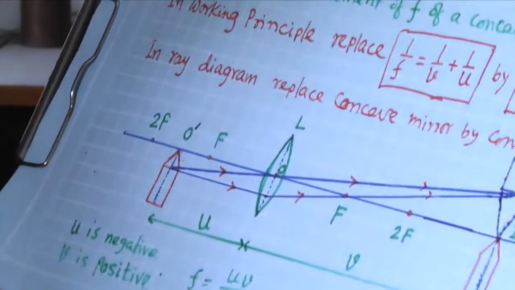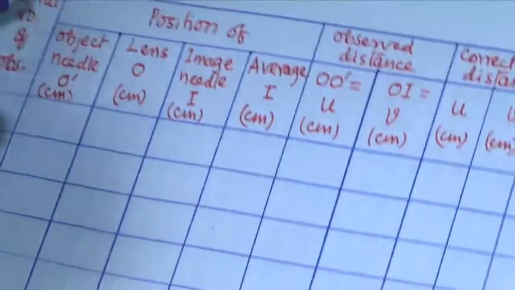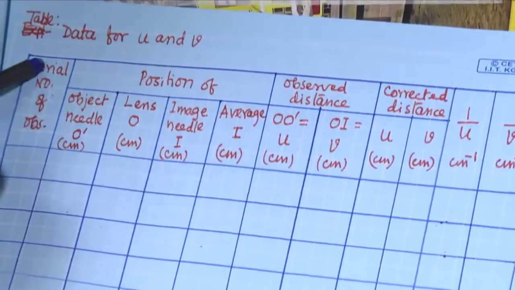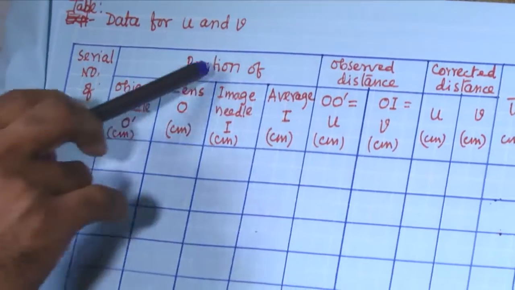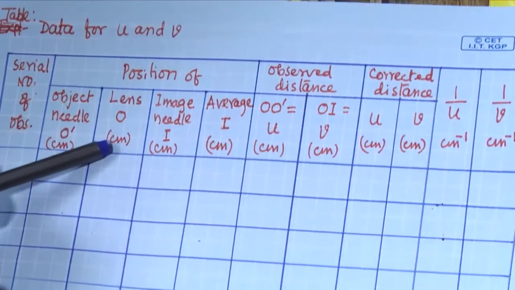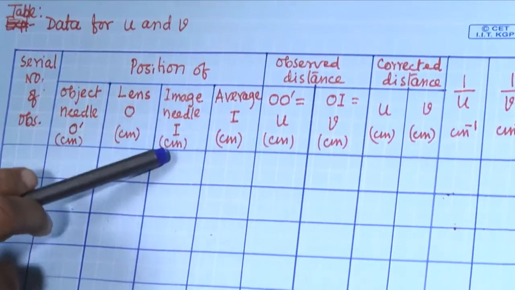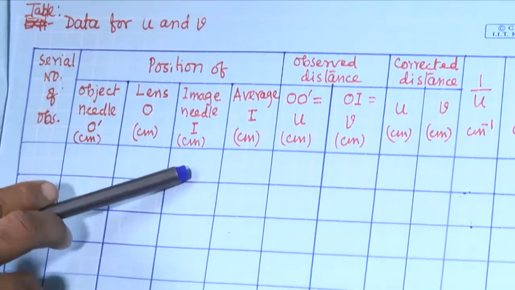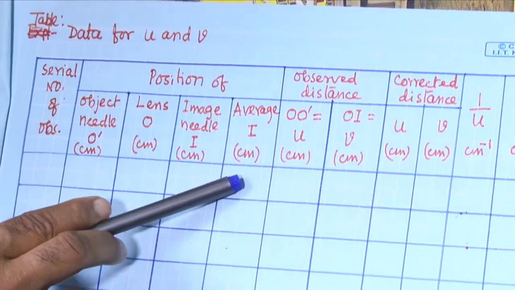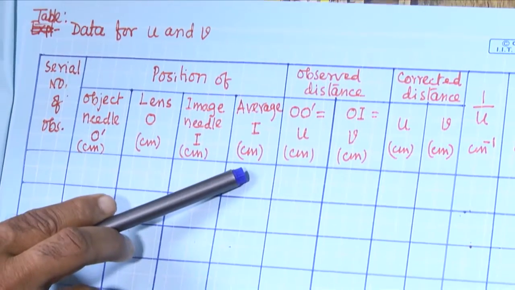Okay. So, you need a table to record the data for u and v. Here serial number of observation, position of object needle, then lens, then image needle. As I told, for image needle you take 3 observations, then find out the average of that image reading.